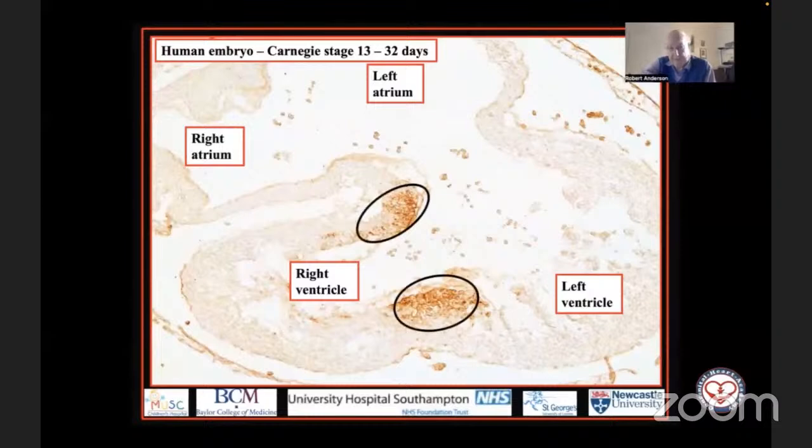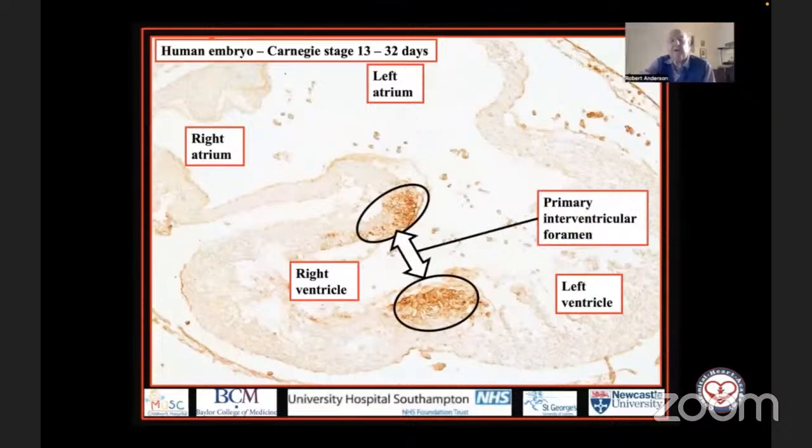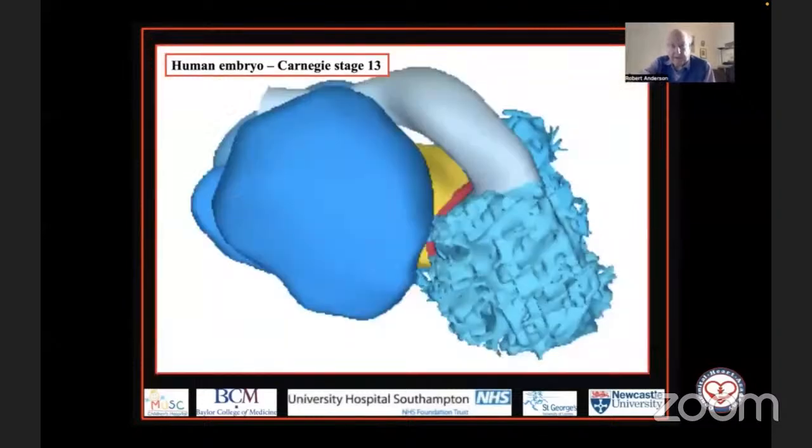There you see it. It's stained brown, and we call this the primary ring. And it surrounds the primary interventricular foramen. And we can now look at this in the interactive PDF files, again prepared by Jill and Wout. Wout now, as you know, is working at the University of Maastricht.